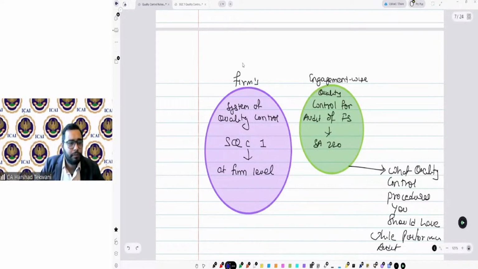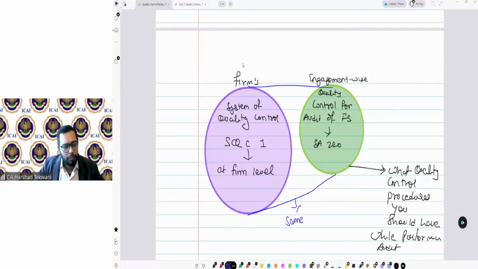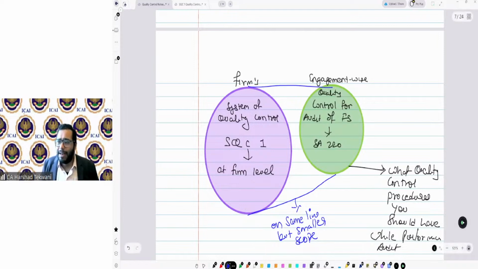SQC 1 is the bigger one, and on the same model, SA 220 is there on similar lines, but with a limited or restricted scope, or rather a specific scope. I would say specific scope.